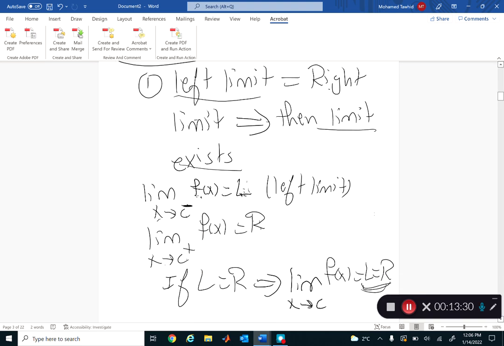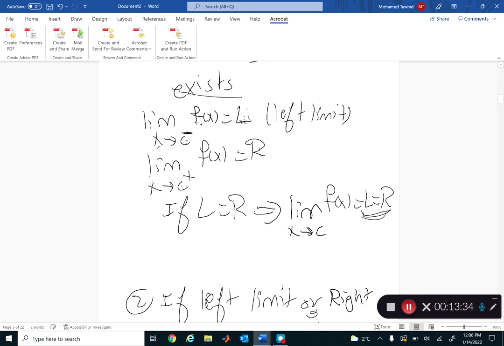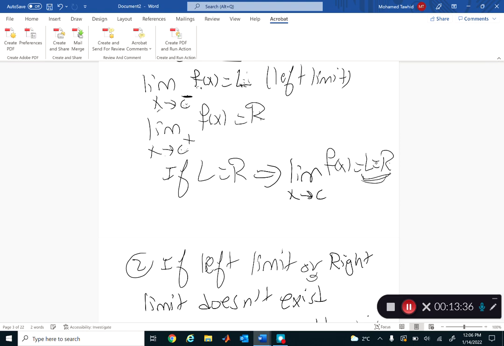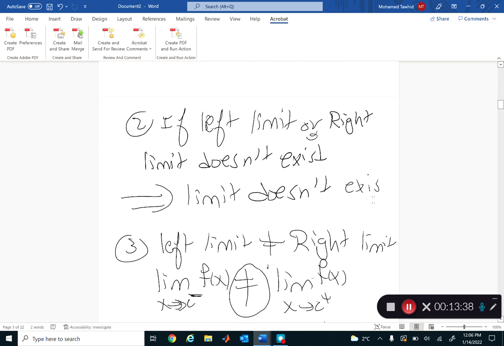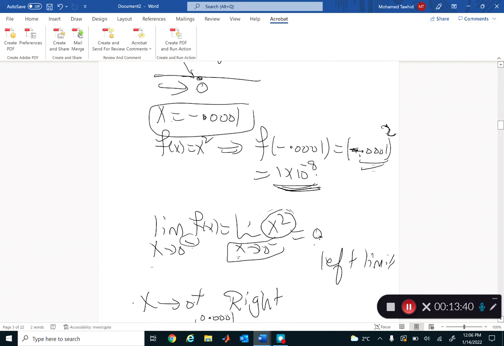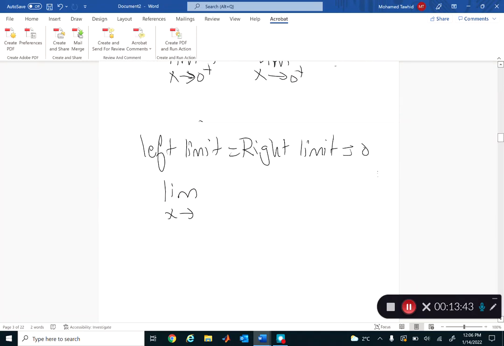So here we have 0 from the left and 0 from the right, both of them are 0. So here the limit exists and equals 0. So I should write the limit of x squared. When you have 0 here, you get 0, right? Does that make sense here, guys? Yes, it makes sense.